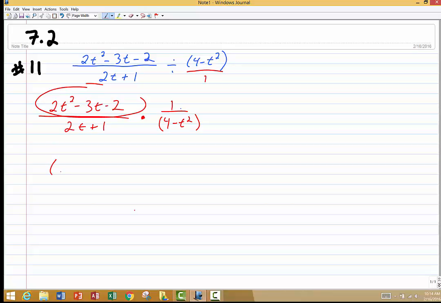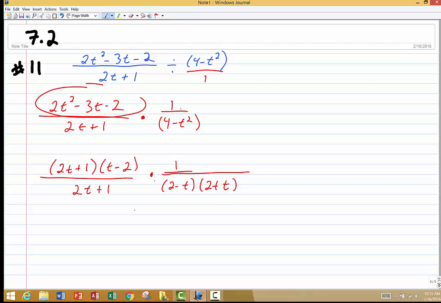That comes out to (2t plus 1)(t minus 2) over (2t plus 1), times 1 over (2 minus t)(2 plus t). So I have a multiplication operation, and I can see I have a common factor top and bottom.